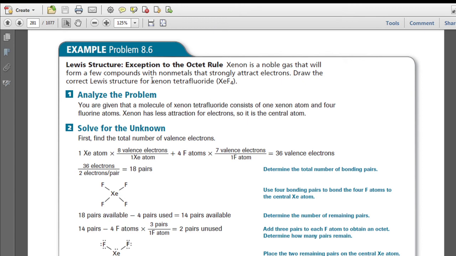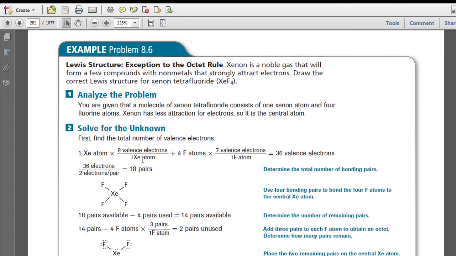Now, I know probably some of you are looking at this and saying, isn't xenon a noble gas? Well, xenon is one of those noble gases that under the right conditions could actually do some bonding. Under the right temperature and pressure, it will expand its octet, and in doing so, form a couple of bonds.